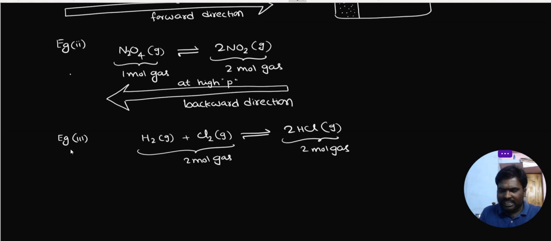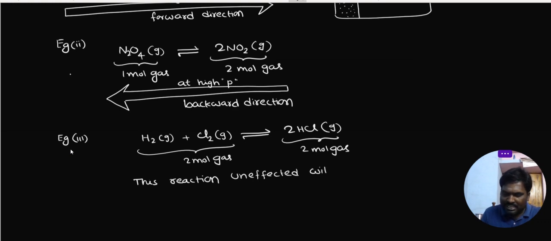Now both sides have the same number of gaseous moles. That's why this equilibrium reaction is unaffected by pressure. Understood? Because both sides have the same number of gaseous moles, there is no effect on this particular reaction. Example 3. So, clear? I hope everyone understood this one.